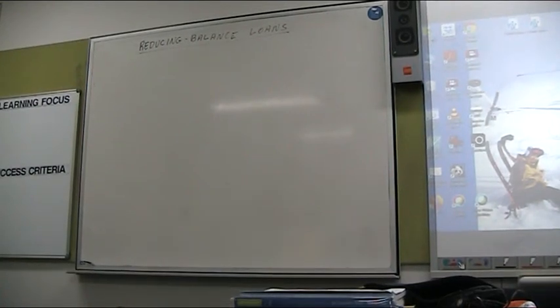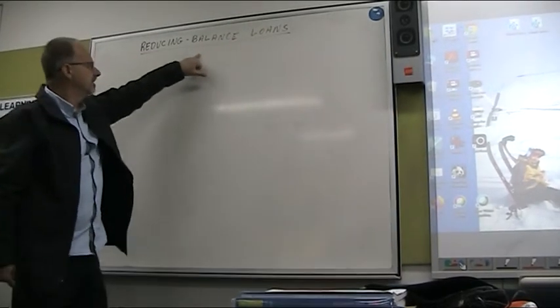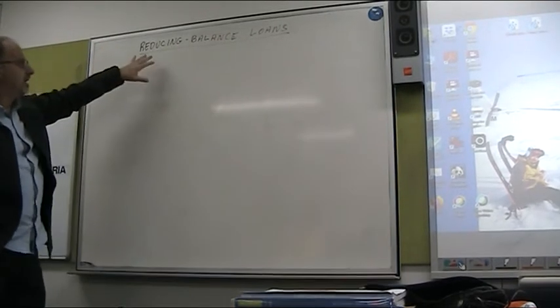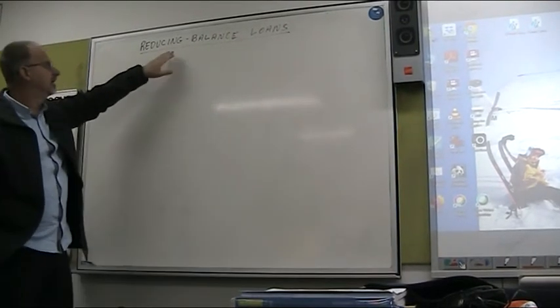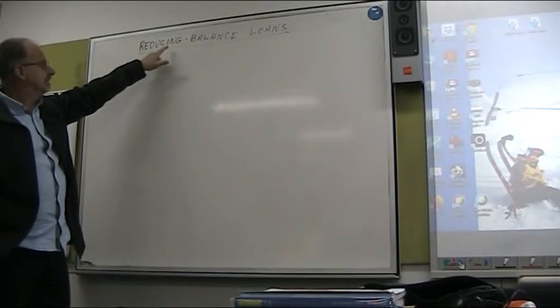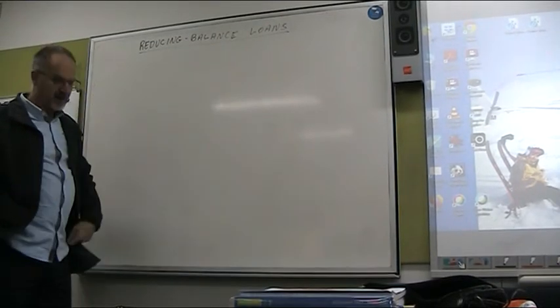Okay, so today we're looking at reducing balance loans. Normally when you take out a loan from the bank or any other lender, you're going to make payments. The idea is to pay off the loan, and so that's the reducing balance.